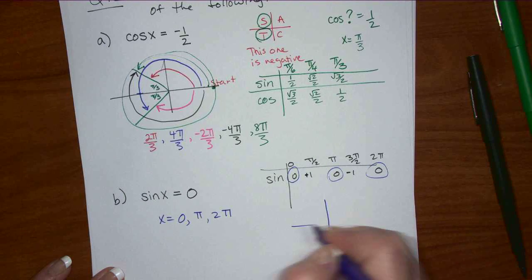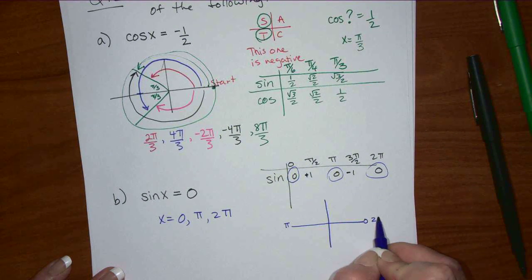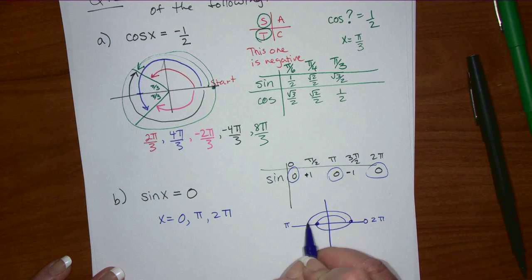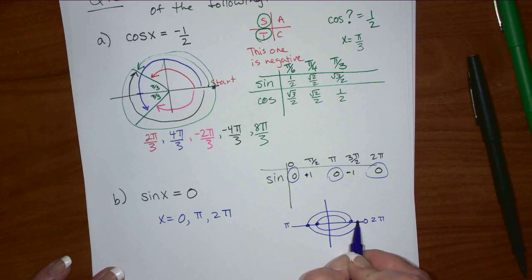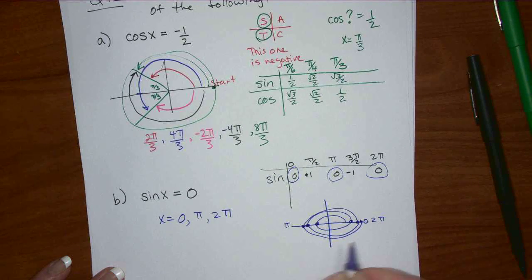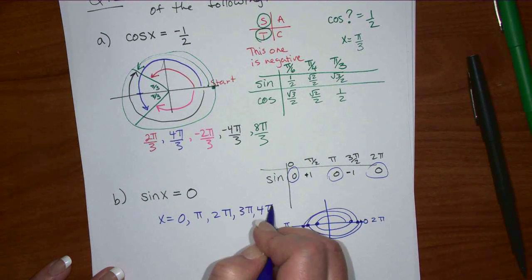Well, here's 0, pi, 2 pi, here, here. What would this one be? And this one? 3 pi, 4 pi, 5 pi, 6 pi, 7 pi. What about backwards?